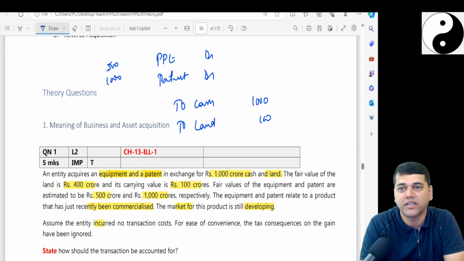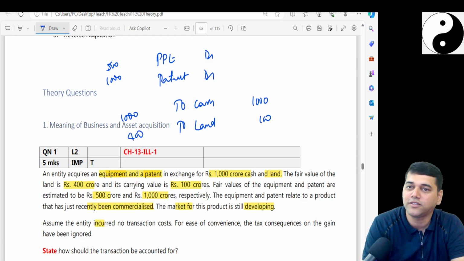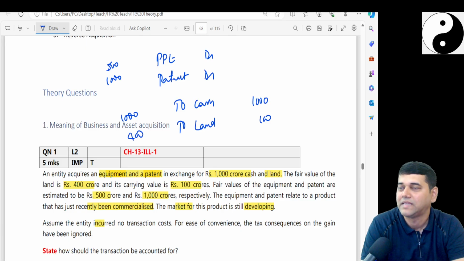You can measure it reliably, and it is a barter system. What is the fair value of the land? 400, and the cash is 1000. So, is my purchase consideration 1400 or 1500? Question is clear?